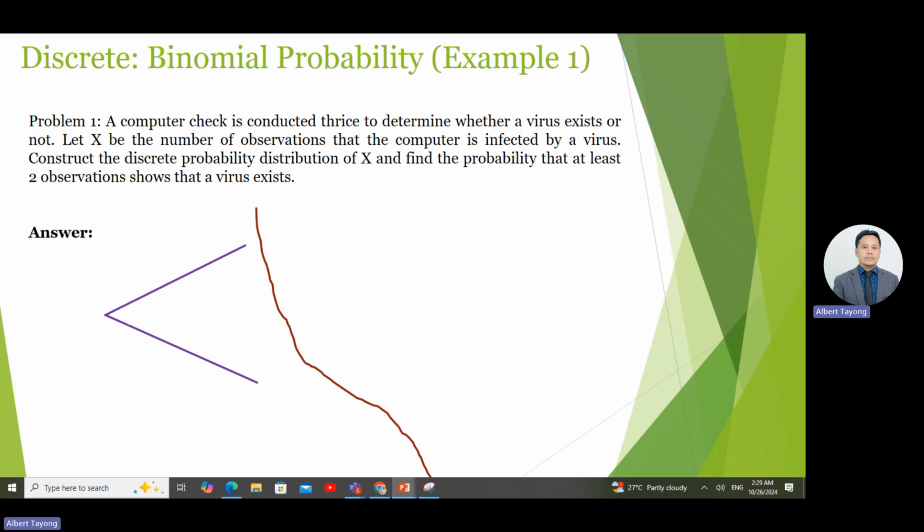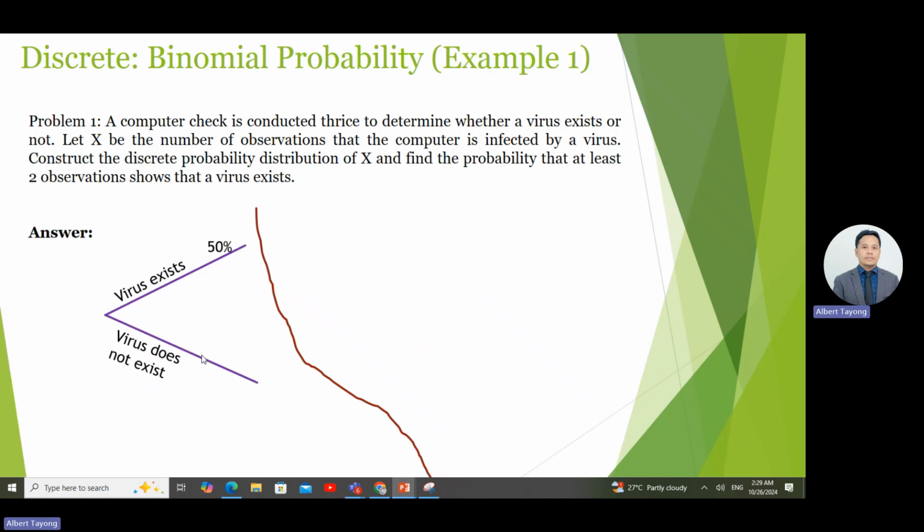Now, let's first try to understand this problem. This particular problem involves binomial probability because it has 2 possible outcomes. The first outcome is a virus exists and the other is virus does not exist. So we have 2 possible outcomes, so it is binomial probability.